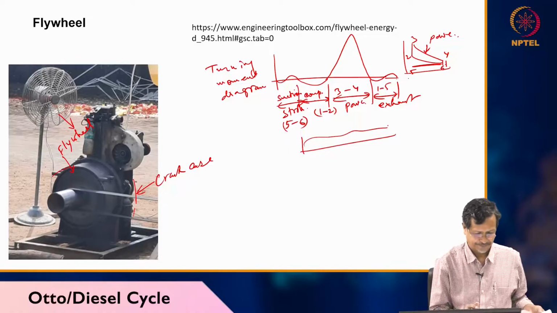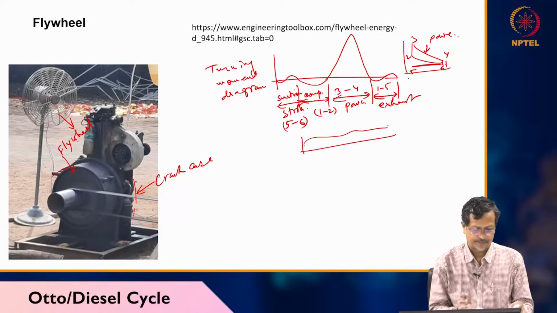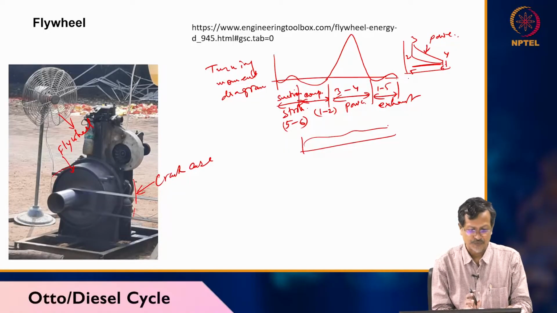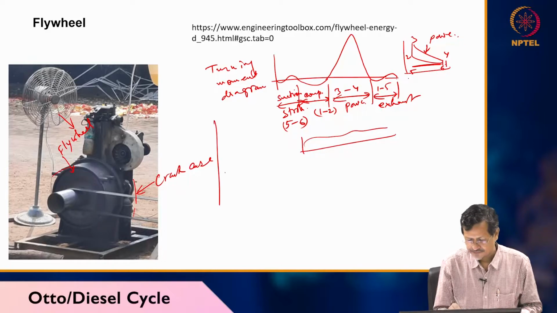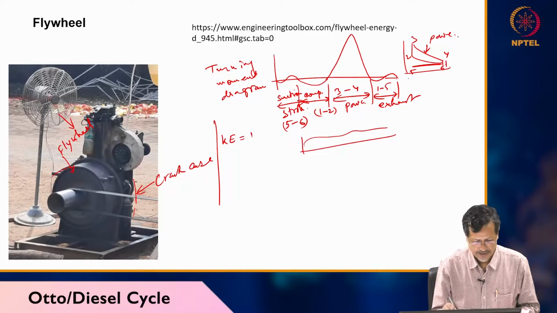So a flywheel is used to smooth energy fluctuations and make the energy for intermittently operating machines more uniform. Flywheels are used in most combustion piston engines, CI or IC engines. Kinetic energy is stored, half I omega square.